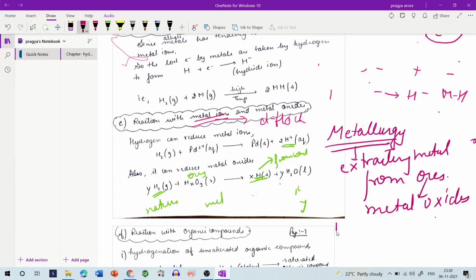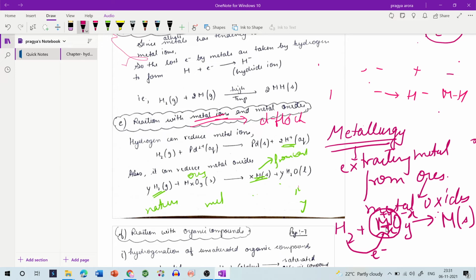So hydrogen reacts with such metal oxides, let's say MxOy, and what it does is it gives its electron. If hydrogen releases its electron, let's say it is M^y+ and O^x-. So this metal ion will gain those electrons to convert into metal solid.